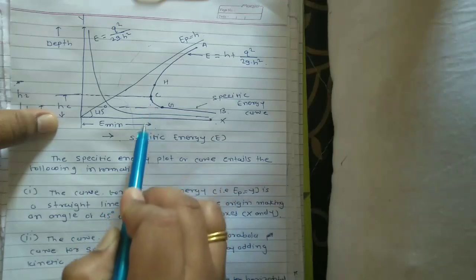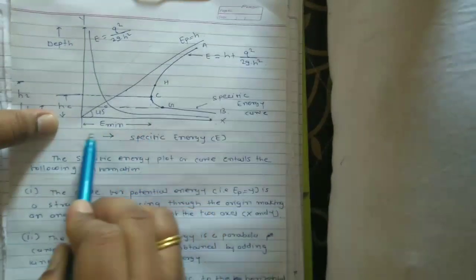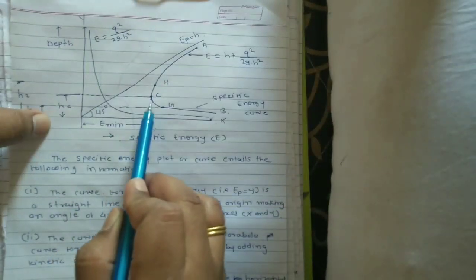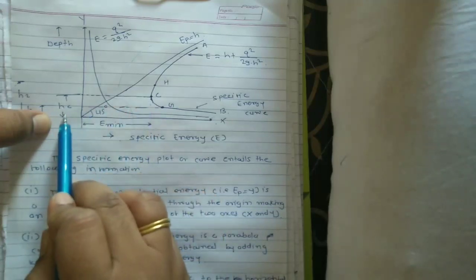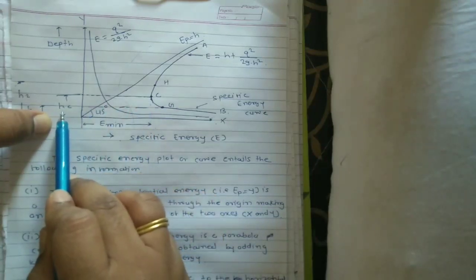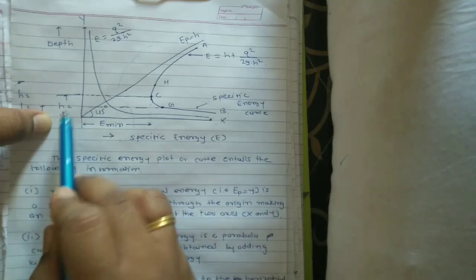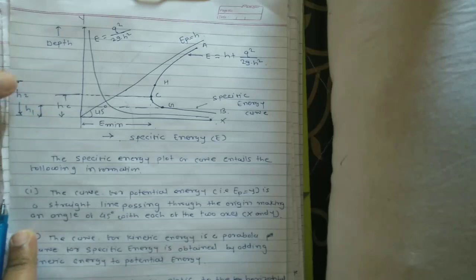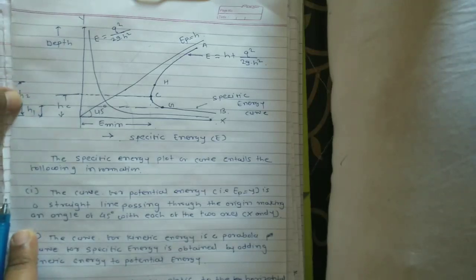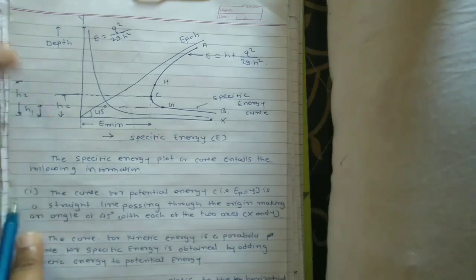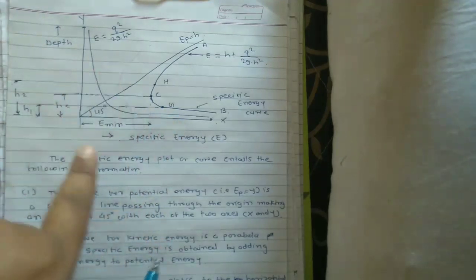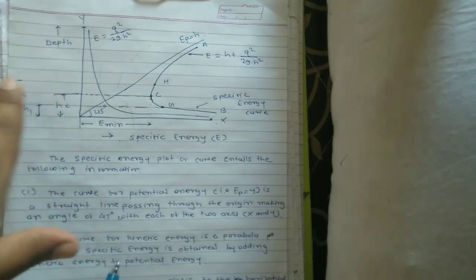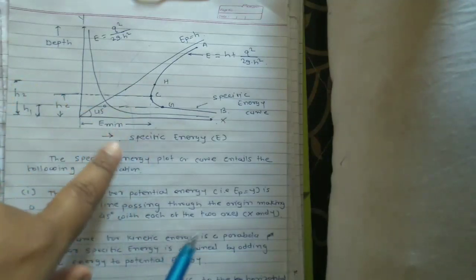This is your minimum specific energy. The corresponding depth of flow is your critical depth or critical height, which is denoted by hc. And h2 is greater than hc and h1 is less than hc. Okay, now these are some terminology. We will study about all these terms later on.